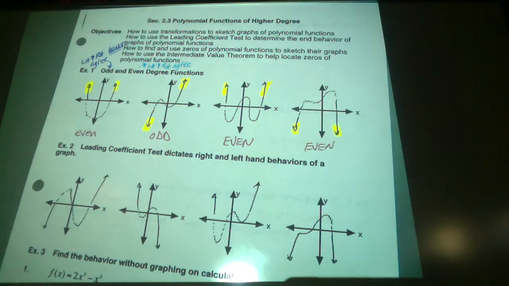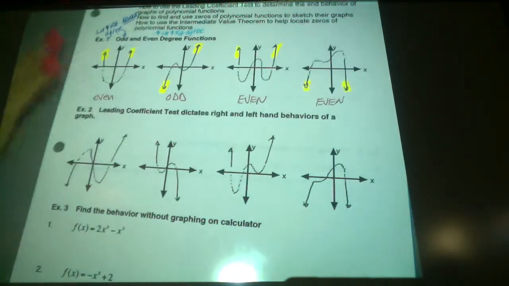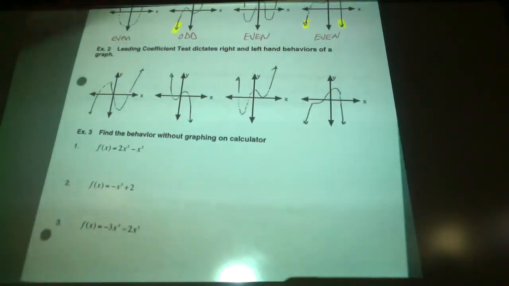All right, so I've introduced you a lot to limits notation with left and right hand behavior. True? You're going to see that in this homework a lot today. So leading coefficient tests dictate right and left hand behaviors of a graph. So let's go ahead and look at that. The first graph is probably what kind of graph?